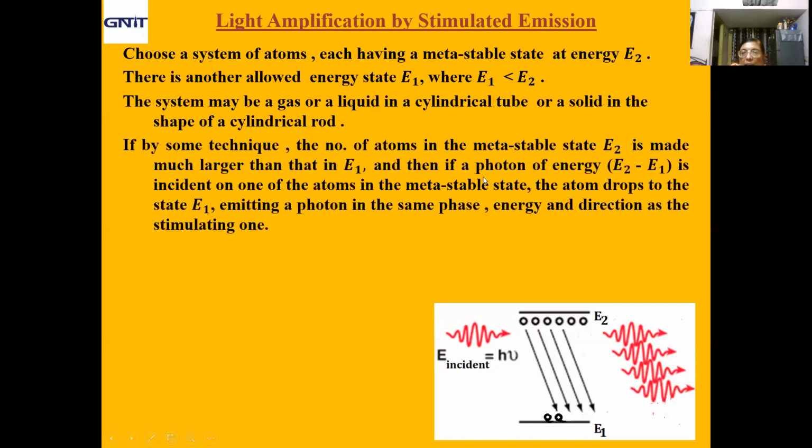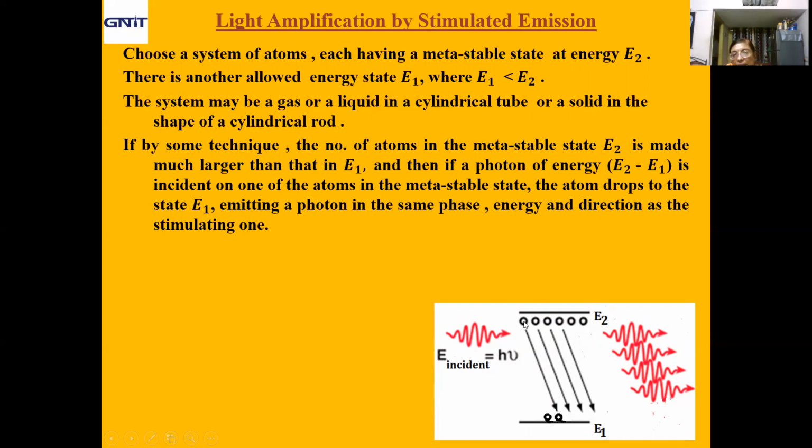And then a photon of energy E2 minus E1 is incident on one of the atoms in the metastable state. You are maintaining the number of atoms per unit volume in energy state E2 much larger than that of E1, and you are injecting one photon like the previous one with energy E2 minus E1.